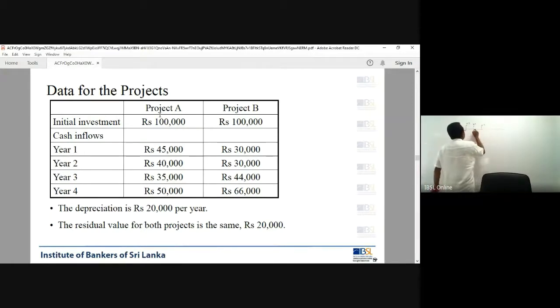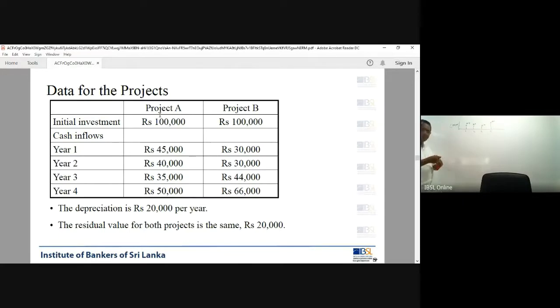Fourth year, it is 50K. This is your projected cash flow. You have to invest, which is a negative figure we take, and then you have this much.